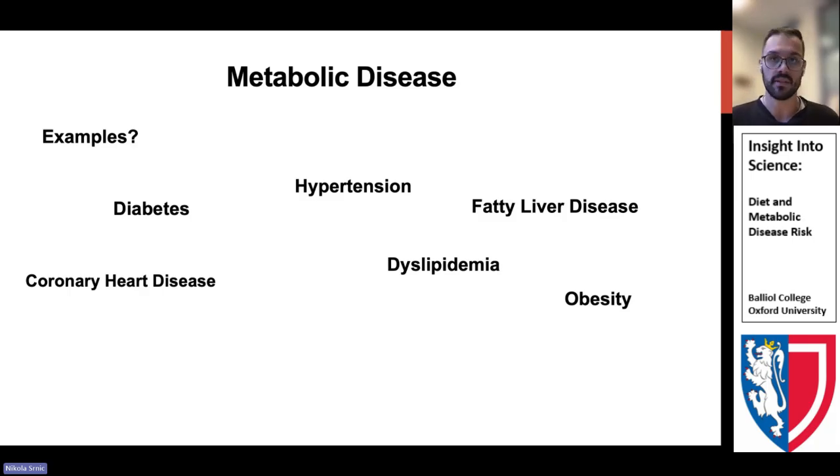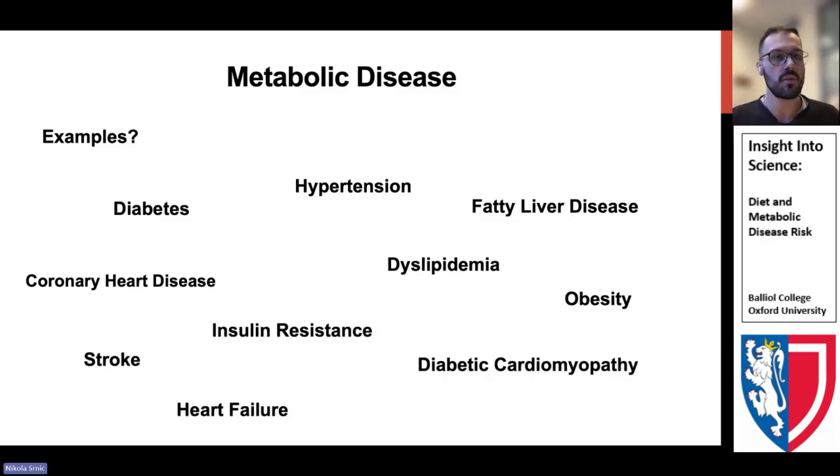And then there's fatty liver disease. These are normally the classical conditions that we think about when we list metabolic disease, but there's also other conditions like stroke and heart failure, diabetic cardiomyopathy, which also are increasingly becoming recognized as different medical conditions that fall under this umbrella term of metabolic disease.